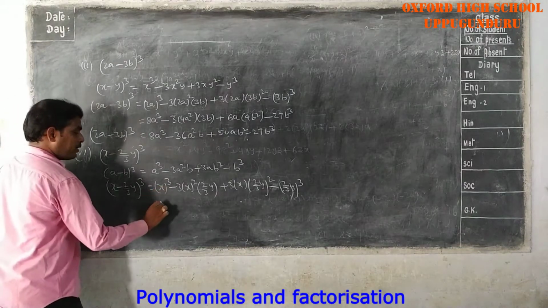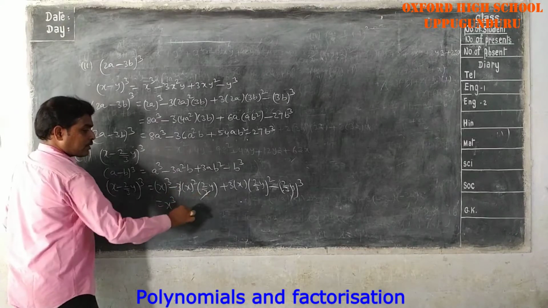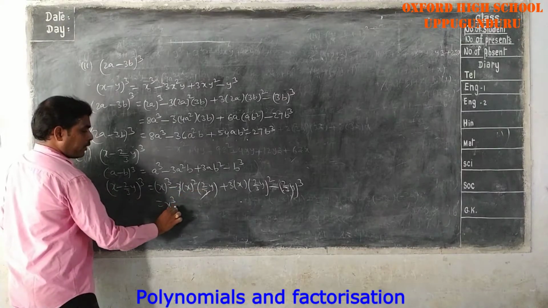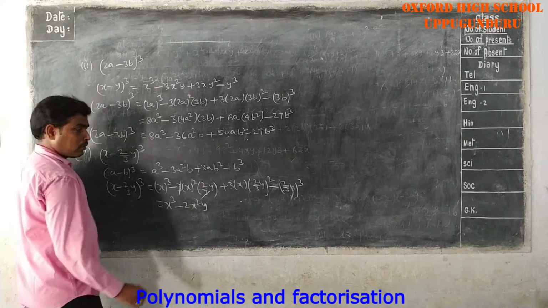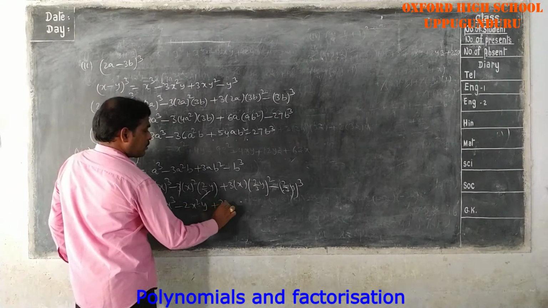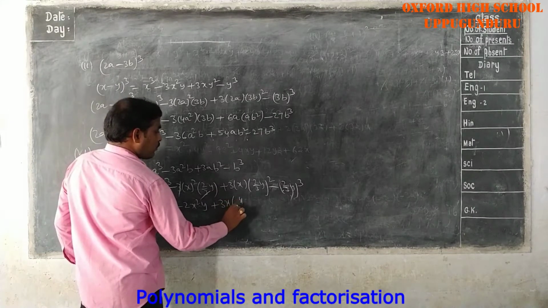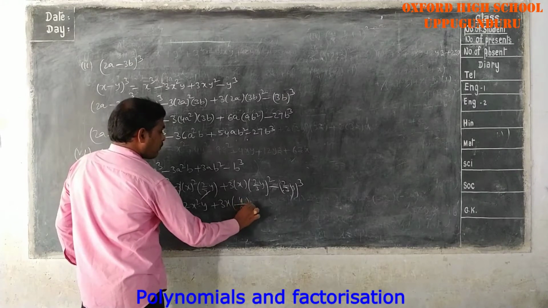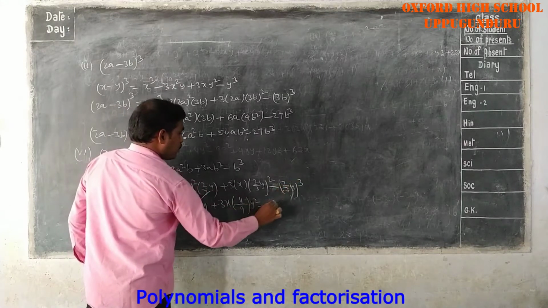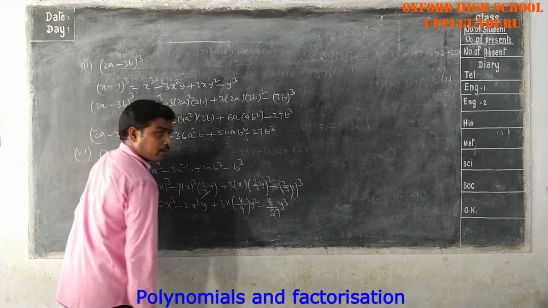So x whole cube means x cube. Here 3 gets cancelled, x square into 2y, minus 2x square y, plus 3x into 2 by 3y whole square, means 4 by 9 y square, minus 2 cube, 8 by 27 y cube.